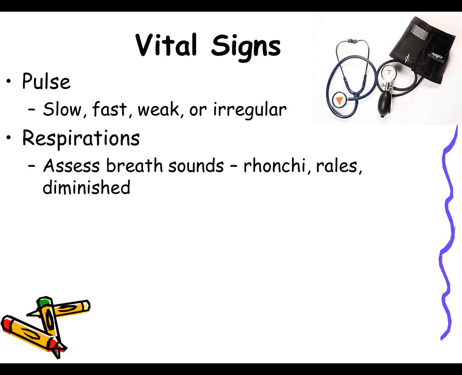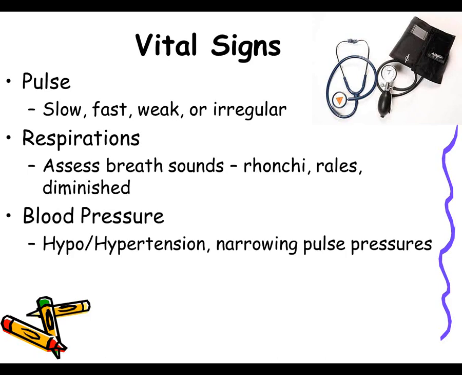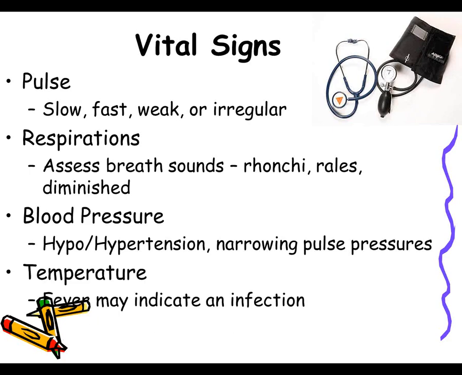And we'll talk more about that later. You want to get a good blood pressure. It could be low, it could be high. You could see the systolic and diastolic numbers getting closer together if you take multiple blood pressures in patients who have things like tension pneumothorax or a pericardial tamponade. And then a fever may indicate an infection as the cause of their chest pain.